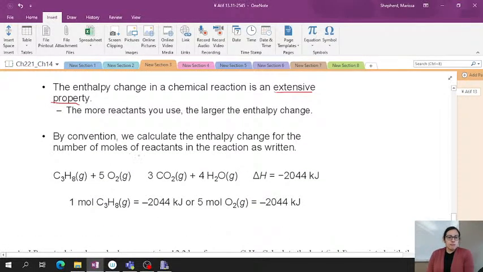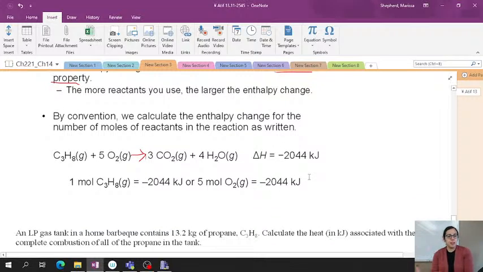By convention, we calculate the enthalpy change for the number of moles of reactants in the reaction as written. As this is written, 1 mole of propane reacts with 5 moles of oxygen to give us 3 moles of CO2 and water.